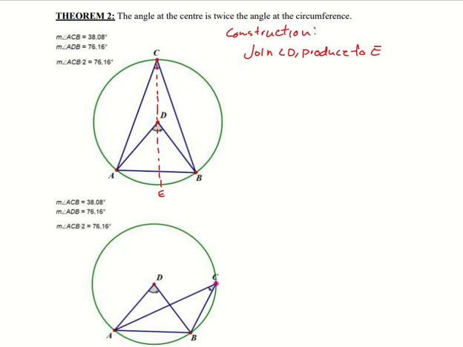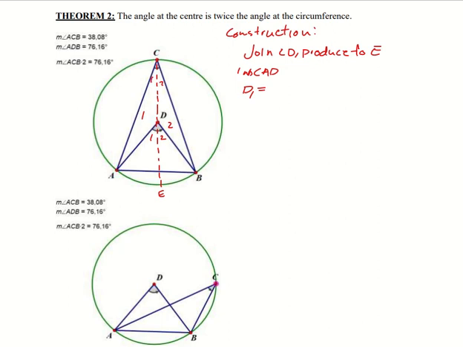Now what happens? I've just created two triangles here, triangle 1 and triangle 2. In triangle 1, which is triangle CAD, I've created two angles, D1 and D2. In the triangle CAD, I have the exterior angle D1, and let me also label C1 and C2.